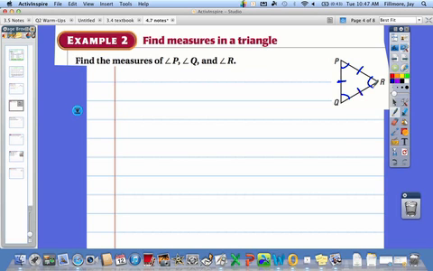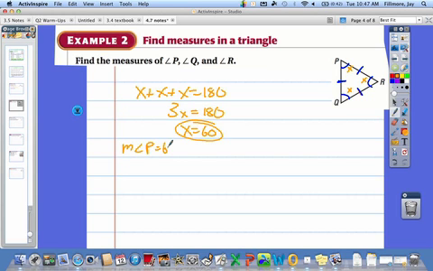So I'm going to call all of these x because they're all equal to each other. So if I add my x's together, it should equal 180. Combining like terms, this should be 3x equals 180. Dividing by 3, x is 60. So that means all 3 of my angles are going to equal 60 degrees. The measure of angle P, the measure of angle Q, and the measure of angle R are all 60 degrees.